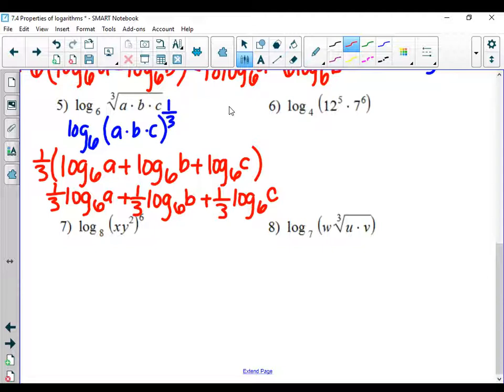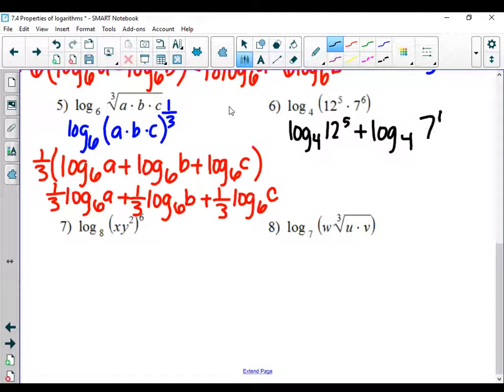Someone different talk me through number 6. You expand to log base 4 of 12 to the 5th, plus log base 4 of 7 to the 6th.